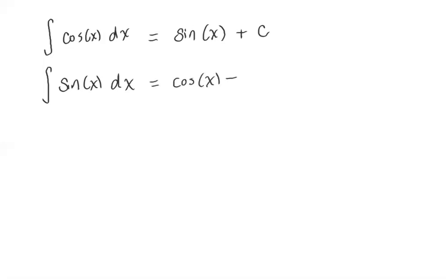The indefinite integral of the secant squared of x with respect to x, I have to think about what function was differentiated here. If I differentiate the tangent function plus c, I get secant squared.